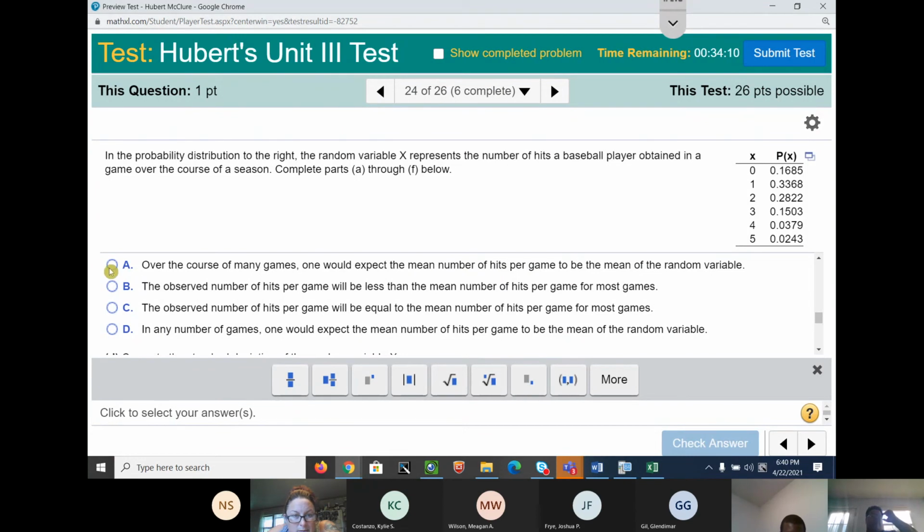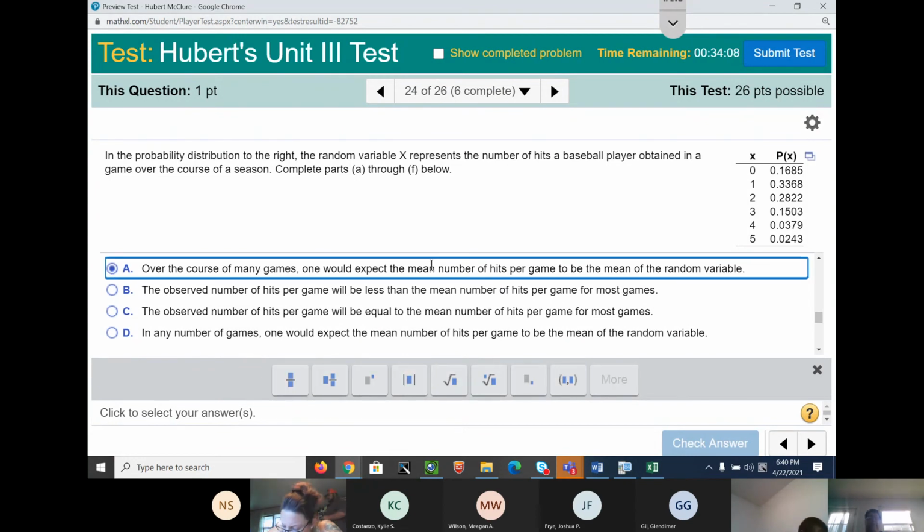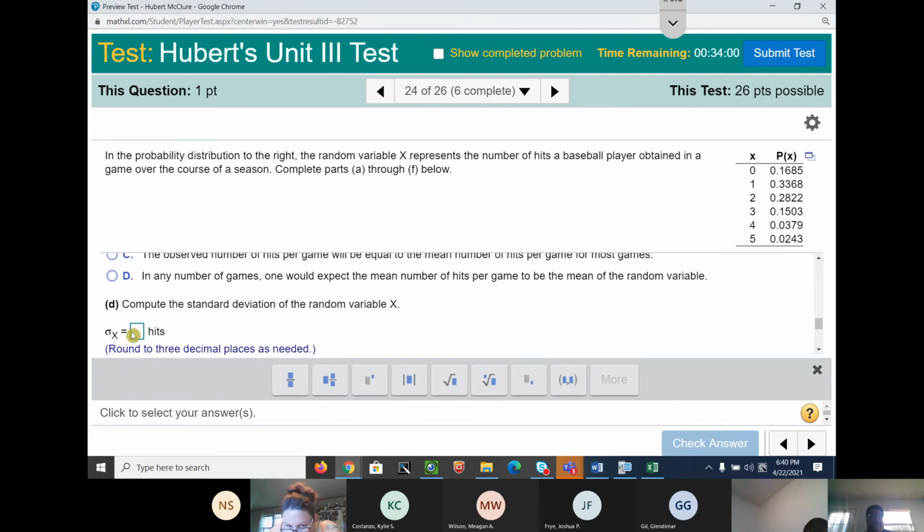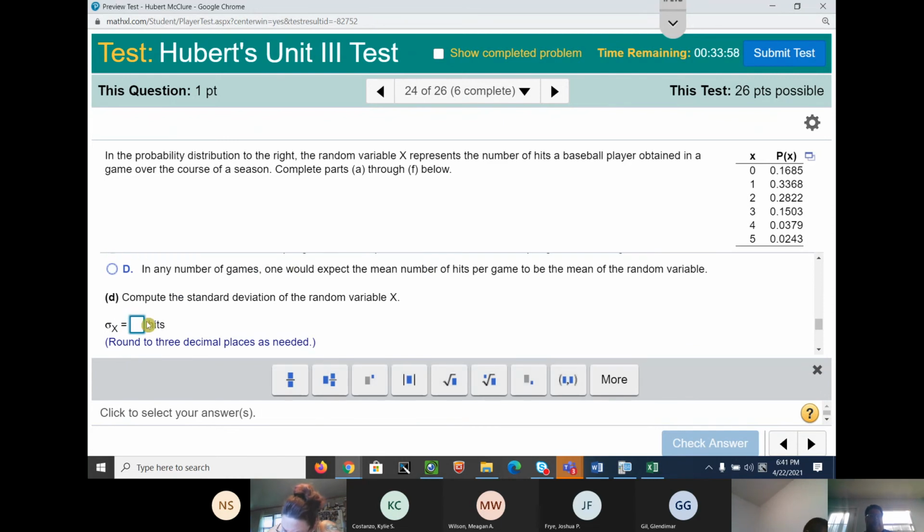I would say over the course of many games, but that's a Philadelphia lawyer question, so we'll figure that out. The standard deviation, rounded to 3 decimal places, is 1.179.